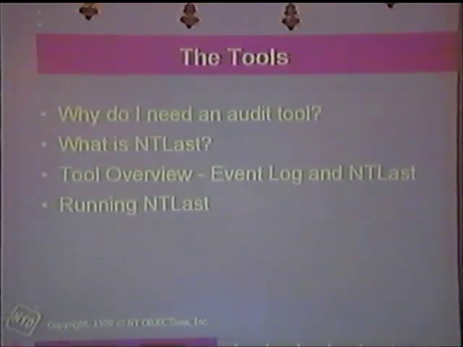I don't know a lot of NT people who do a lot of actual reading of the audit logs. If you've ever used a little GUI event log viewer, you might be a little bit frustrated. This is something I wrote that grabs a little bit more information, puts it together, and reads a little bit more information. So we'll go over an overview of that.